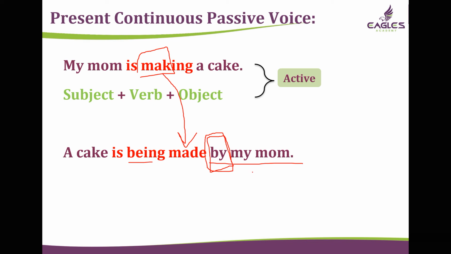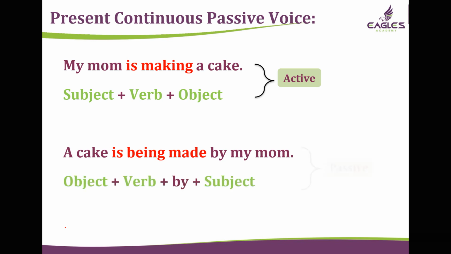And you have to notice something. If the object here was plural, you can't take the helping verb as it is. No, you have to add what? "Are". So if this was cakes, it should be "cakes are being". Okay, dears? Okay.